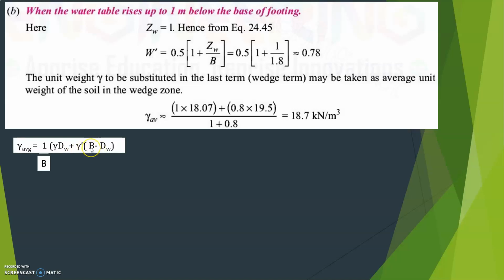B is 1.8 minus 1, that is 0.8, divided by 1 plus 0.8, that is nothing but B. B is 1.8. So we get 18.7.